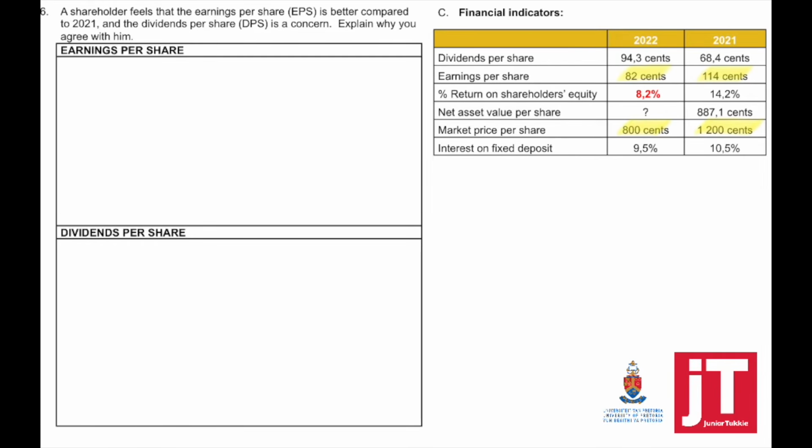Yes, if we look at the earnings per share just on its own, the earnings per share decreased from 114 cents to 82 cents. But now let's see what happens when we compare it to the market price per share as a percentage.